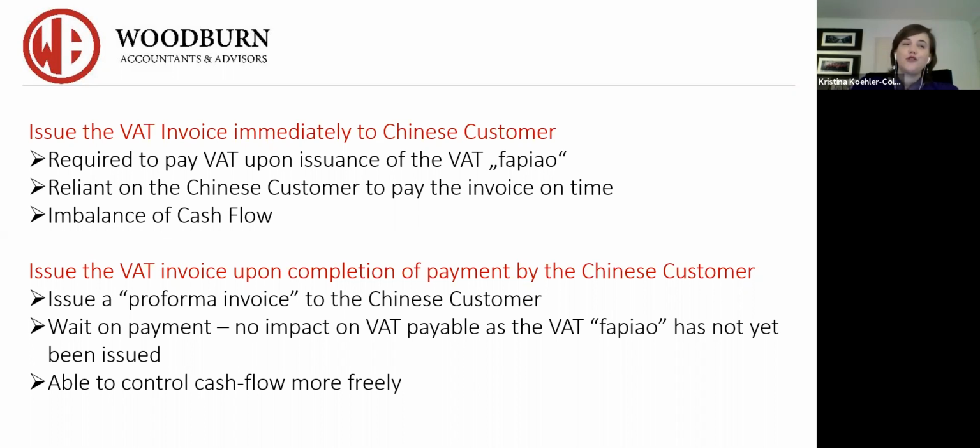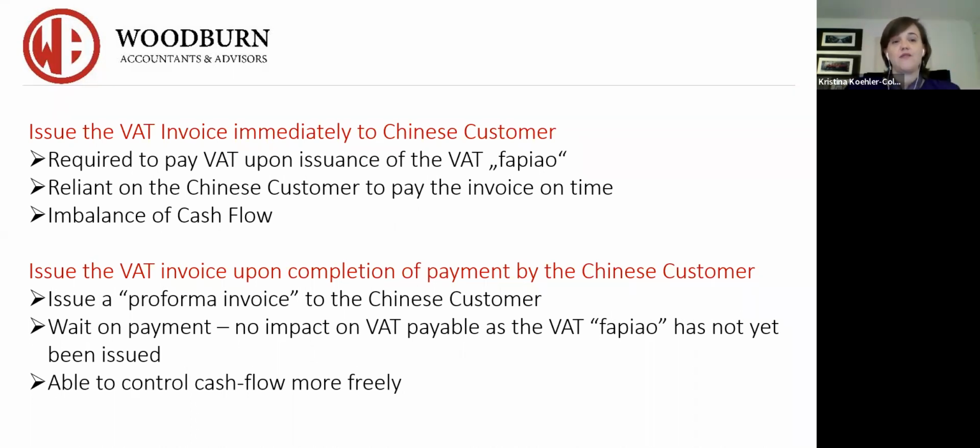If you're in the service sector, that might be a little bit trickier. Because it's a bit hard to say, I'm not going to perform the service, especially in our sector, which is the accounting sector, where it's a rolling effect. We're not going to say to the client, we won't perform your services until you pay us, right? So it really comes down to the client, the customer, your payment terms, how you're negotiating the delivery of the goods or the delivery of the services and whatnot.